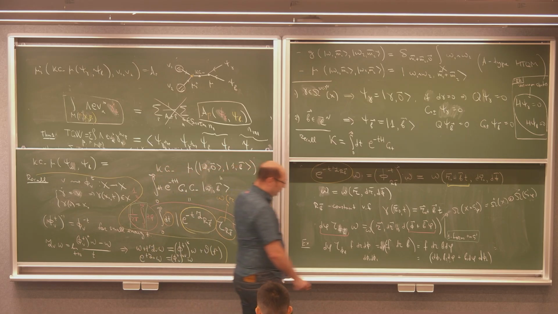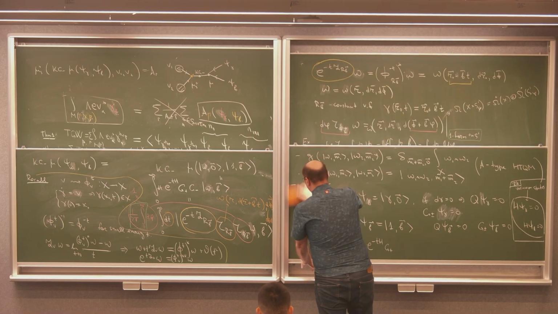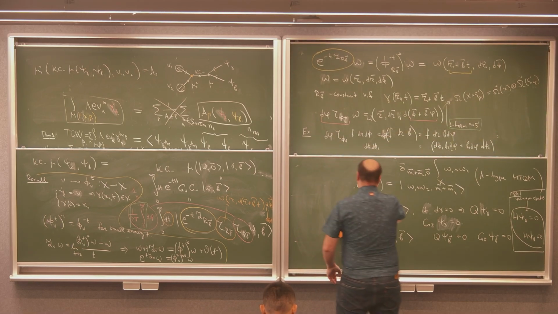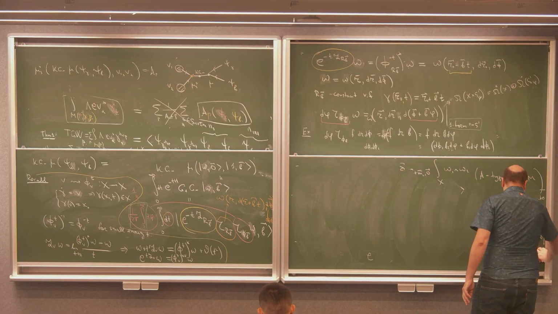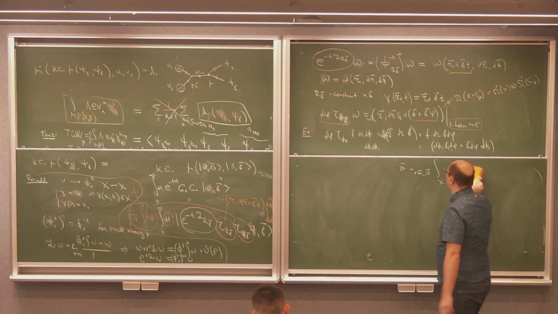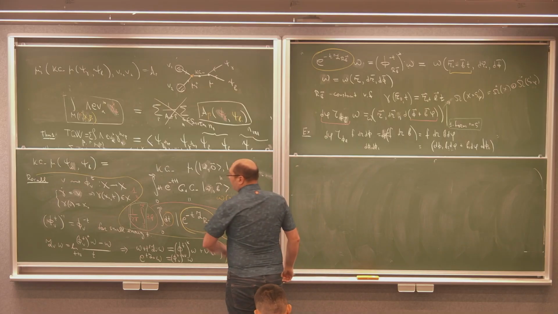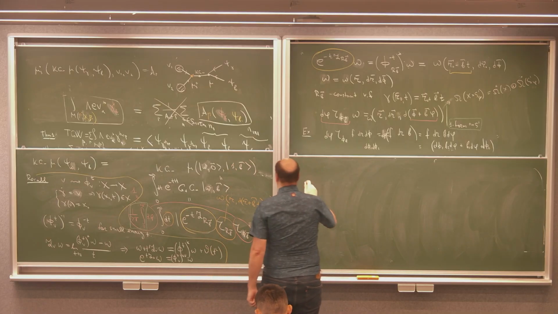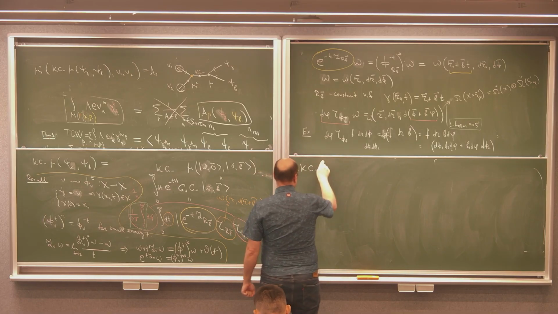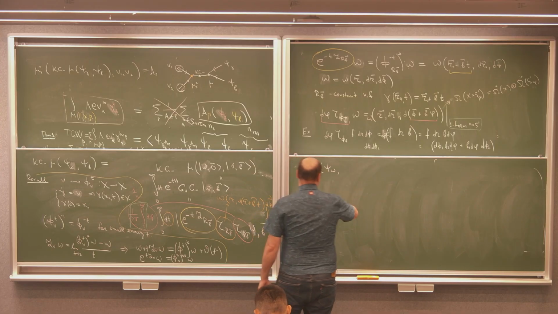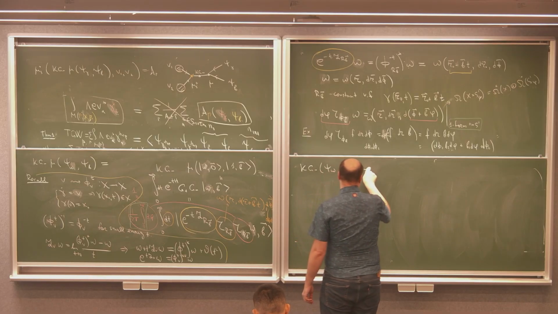Okay, so now let me erase that part and combine our results into a simple formula. So we were originally evaluating kg minus of state psi omega and state psi b.